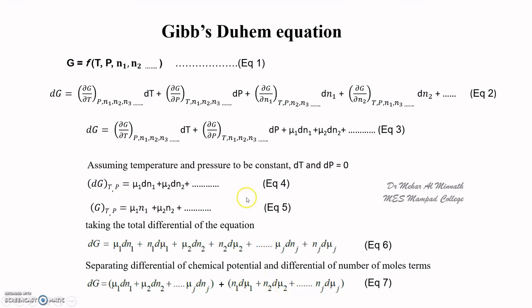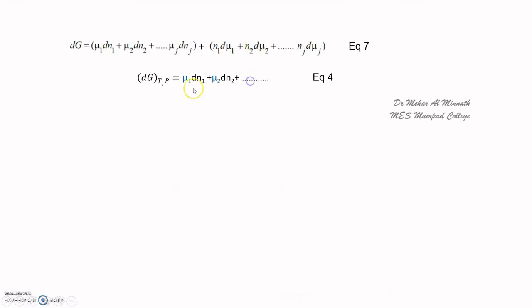So when you compare them, the second term in equation 7, that is N1 d mu1 plus N2 d mu2, etc., you can consider as 0, right? See, the first cluster in equation 7 and equation 4 are the same, so the second cluster must be 0.